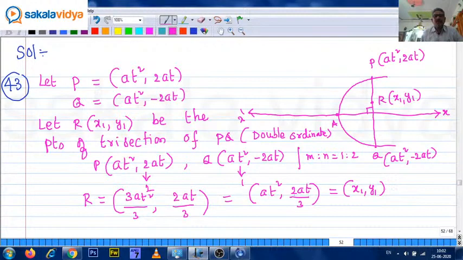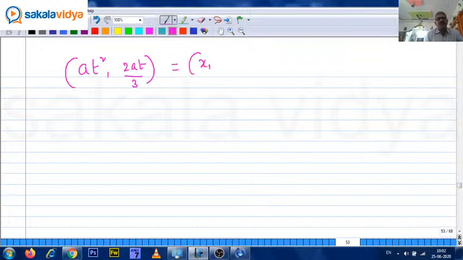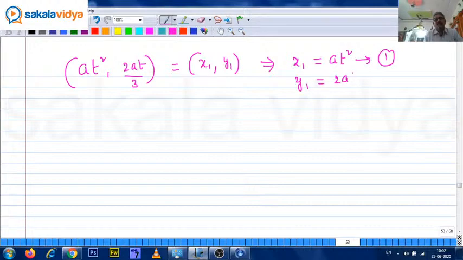We need to eliminate t from these two equations. That implies x1 is equal to at square, say equation 1, y1 equals 2at upon 3.